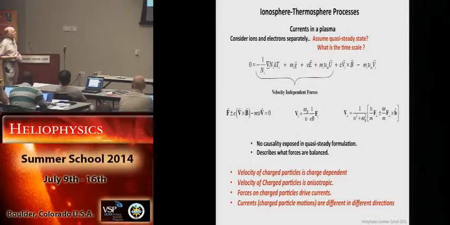Okay. So the point I want to make is that when you have forces that are independent of the velocity, now you can see that the plasma experiences a force that's perpendicular to B, and a force that's in the direction of B. Okay?